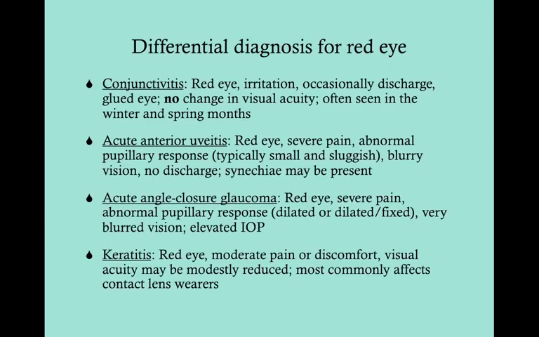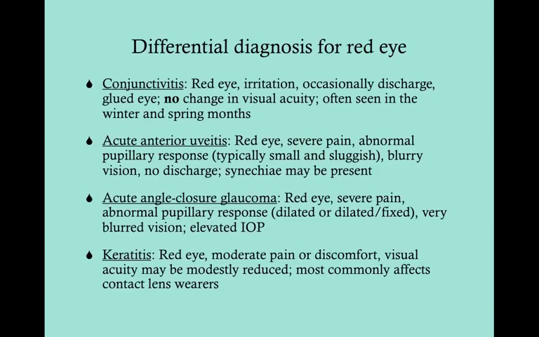When there is inflammation there, it is not only going to cause severe pain because there's significant innervation in those structures, but particularly with the ciliary body and the iris, it affects the pupillary response. When there is inflammation in the iris and the ciliary body, you're not able to dilate your pupil.